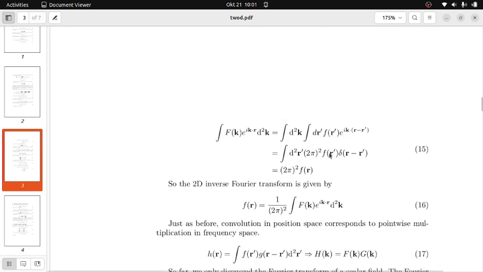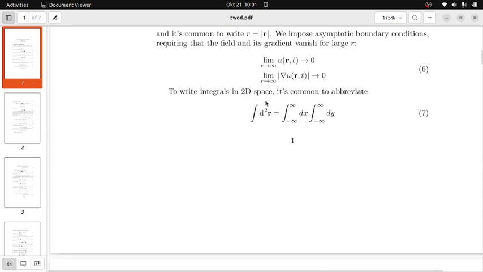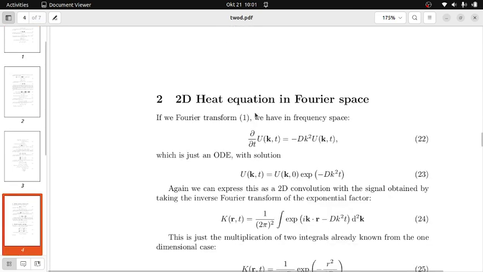If we have the heat equation, del u del t, we take the Fourier transform with respect to x and y, and what's going to happen is that del u del t, with u in frequency space, is now equal to minus D k squared u(k,t), right?